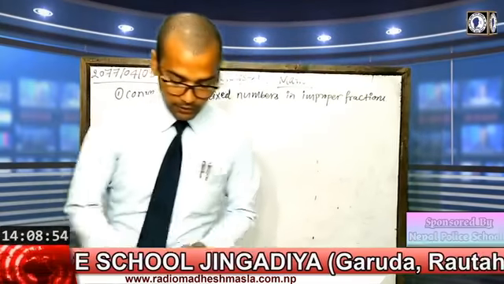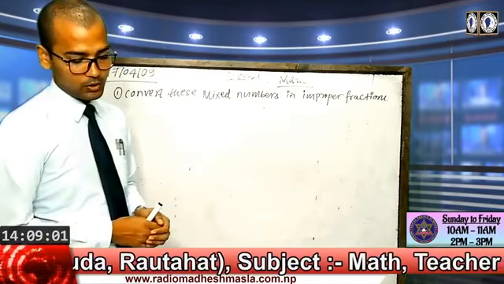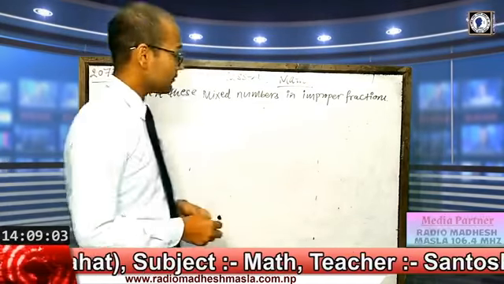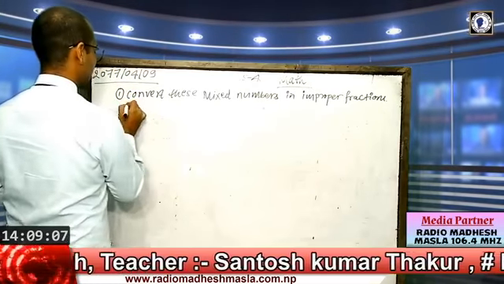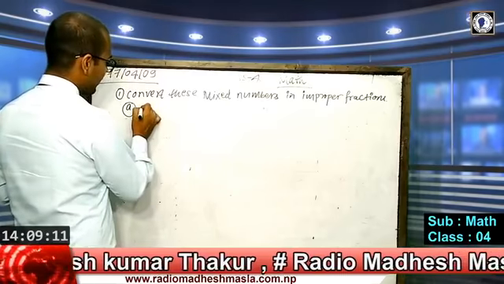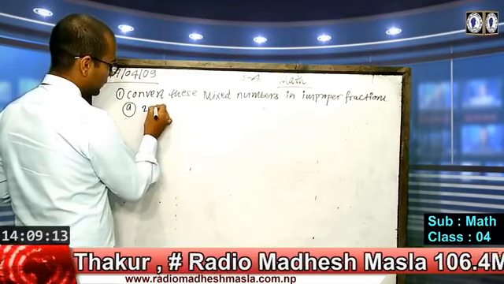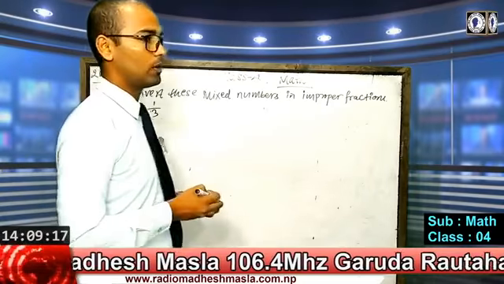So for the conversion of a mixed number into an improper fraction, we must have a mixed number or mixed fraction. For that, suppose we have an example like this: 2 1 by 3, yes, students, 2 and 1 by 3.